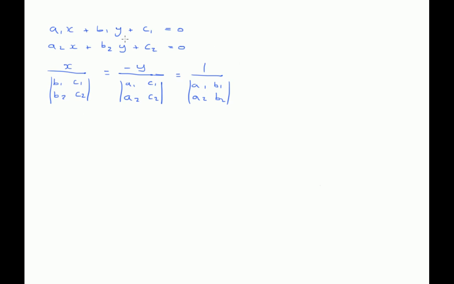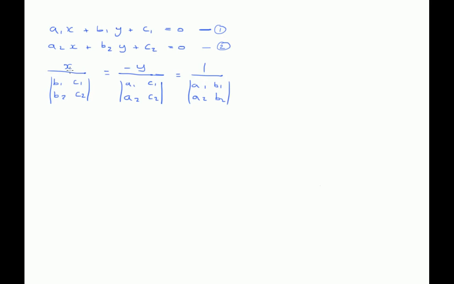Okay, in the previous set of videos we took the standard two simultaneous equations, equation 1 and equation 2, and we showed that for any general case of two simultaneous equations, we could use these second order determinants.